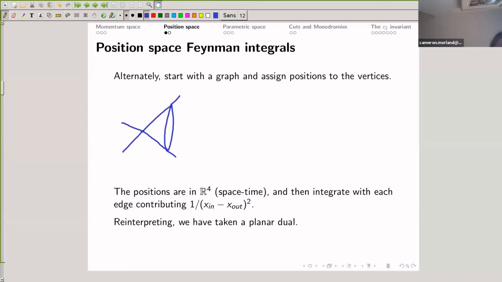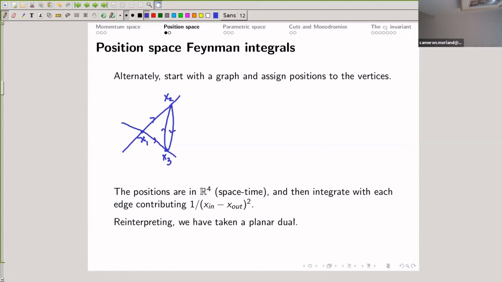Or you could say, well, actually, I think I would rather integrate over all the values for the positions of the vertices. So let's call this x1, x2, x3. And now what do we want to do? Well, these xi's are still positions in space-time, and we're going to integrate them with each edge contributing 1 over x in minus x out. So again, I'm going to put some arbitrary orientations on here.